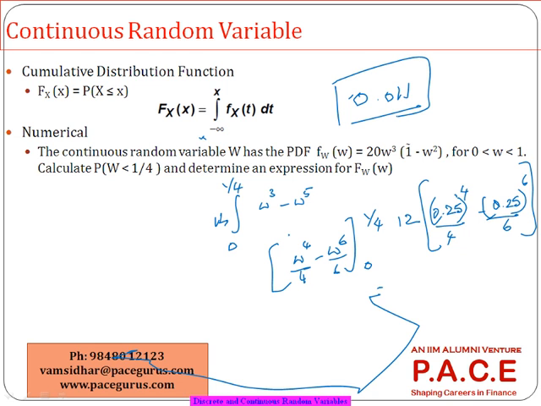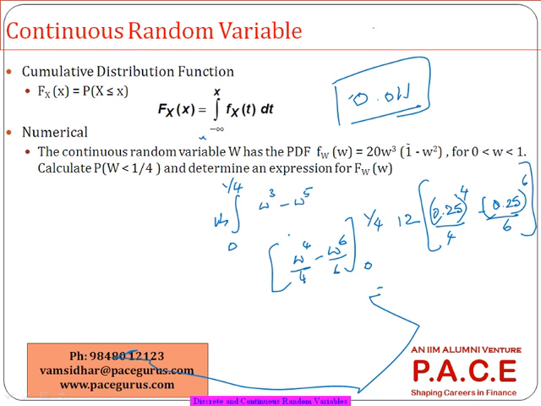Now if someone asks what is the probability that the value lies between 1 by 2 and 3 by 4, same way, you put your limits. The probability function is always the integration of that function between the two limits.